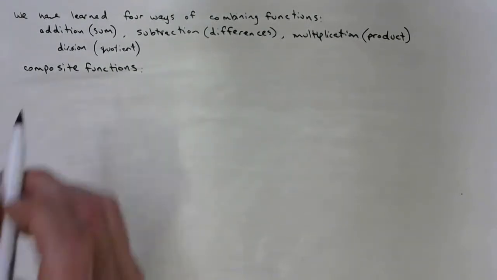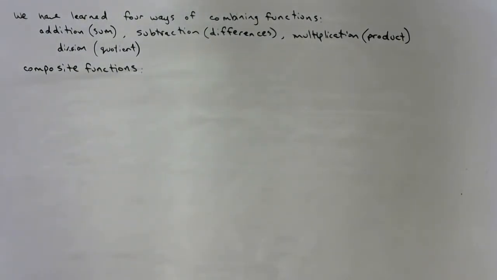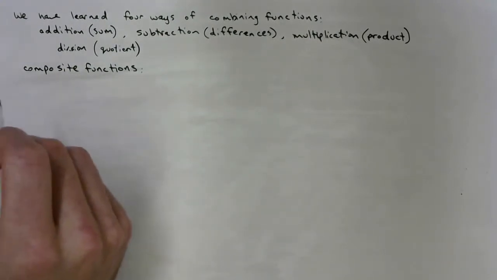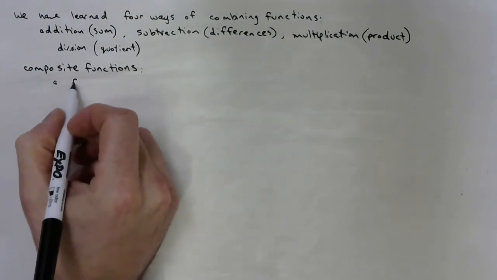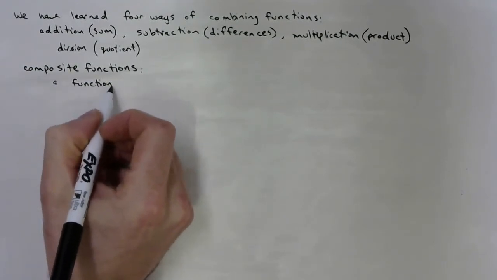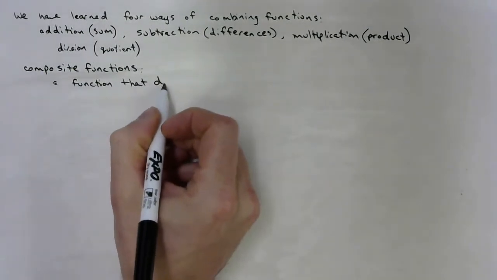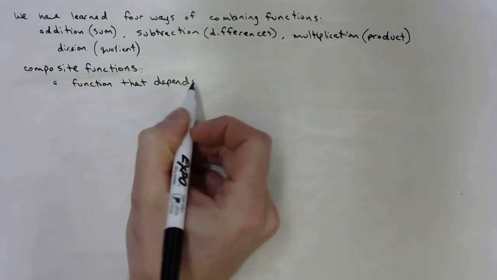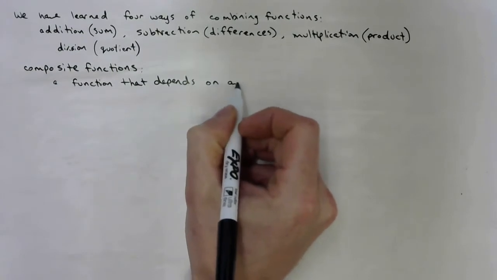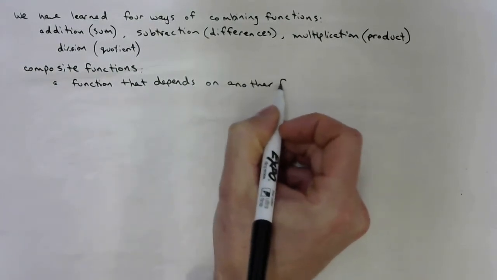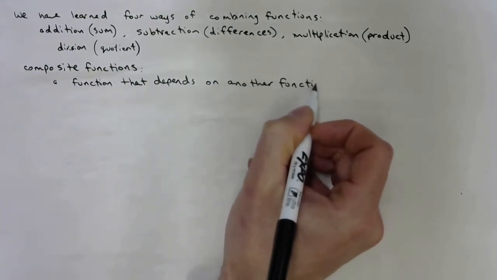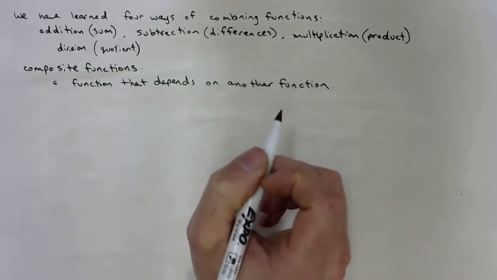And a composite function isn't built by addition or subtraction or multiplication or division of 2 different functions, but it is a function that depends on another function. And that'll make more sense as we move along.